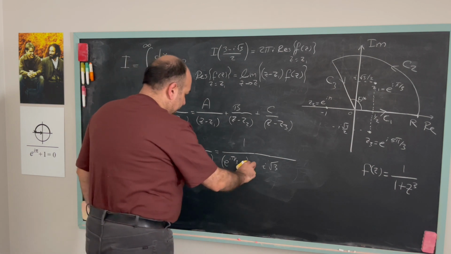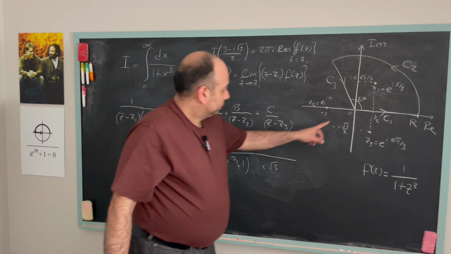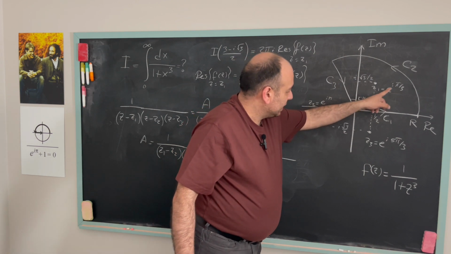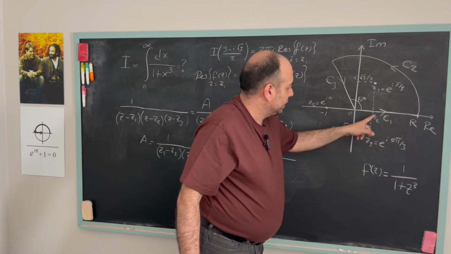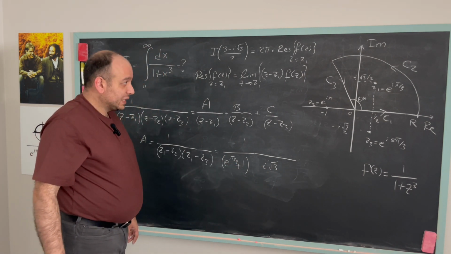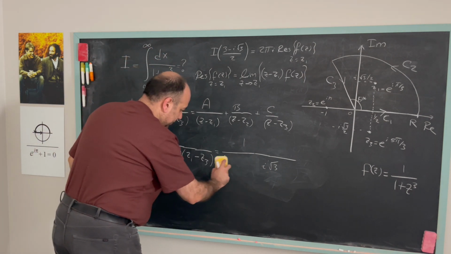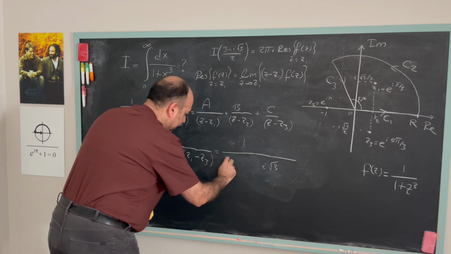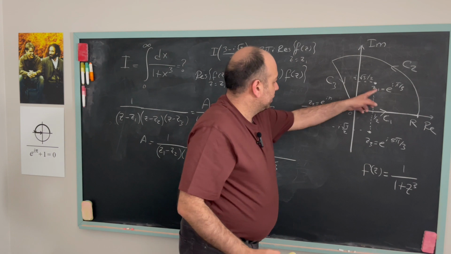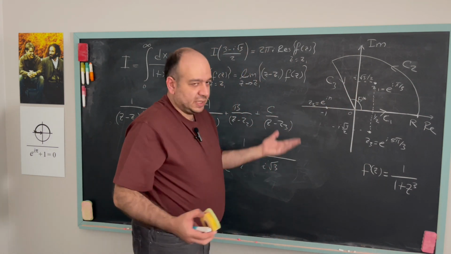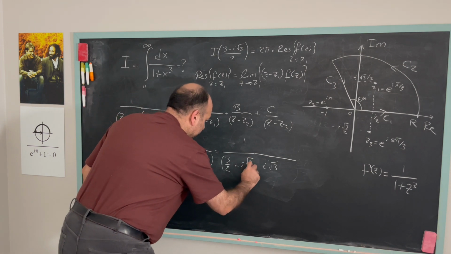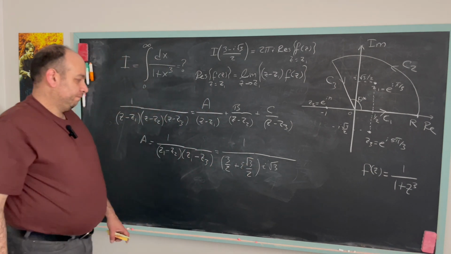When I look at here, the real part of e to the i pi over 3 is 1/2. So 1/2 plus 1 gives me 3/2, right? Plus i, simply the imaginary part of this, because z2 does not have any imaginary part, i square root 3 over 2.